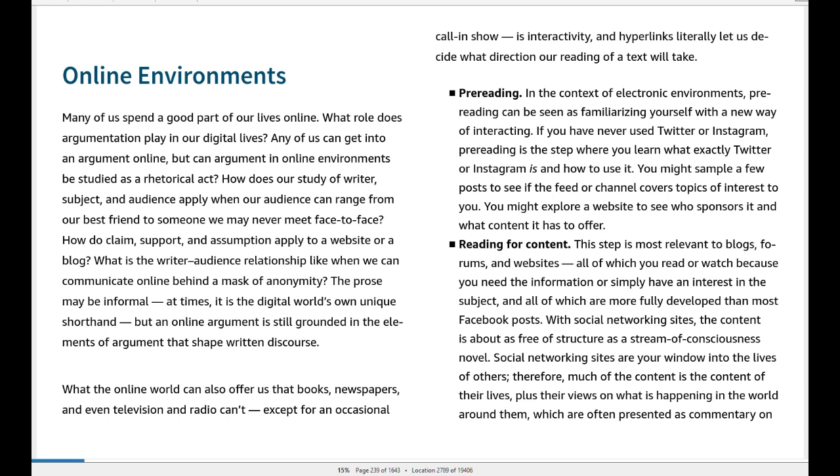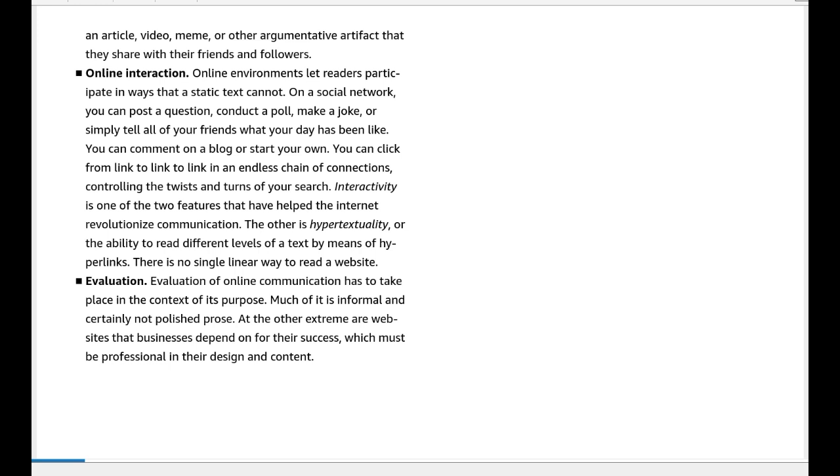Social networking sites are your window into the lives of others. Therefore, much of the content is the content of their lives, plus their views on what is happening in the world around them, which are often presented as commentary on an article, video, meme, or other argumentative article that they share with their friends and followers.